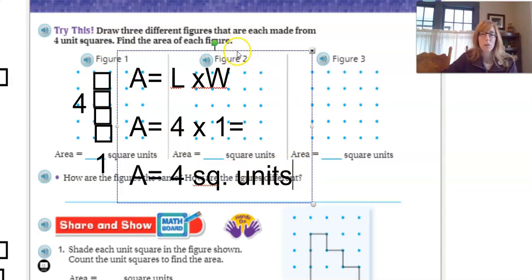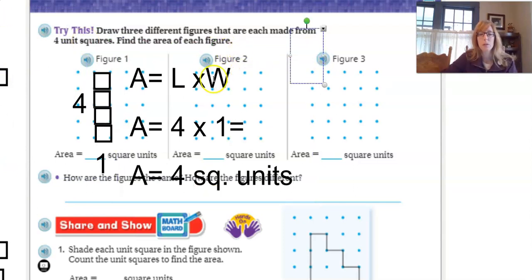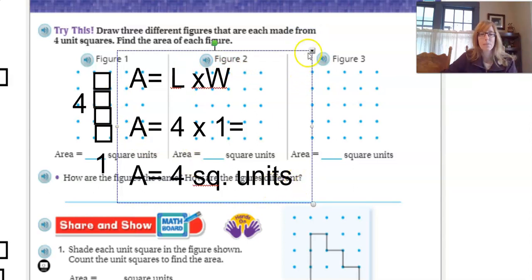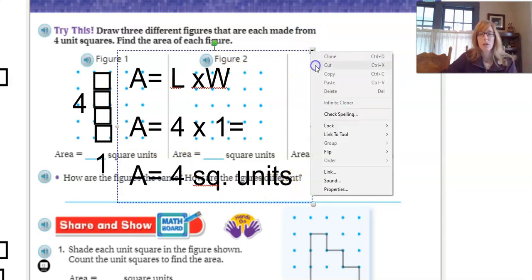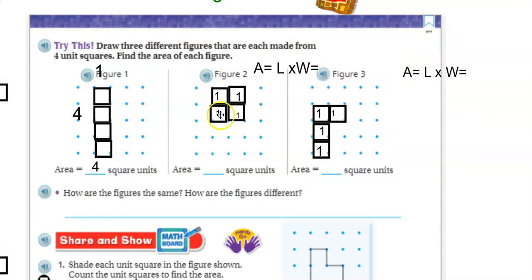So we're going to move this out of the way. Okay, so we're going to move on and look at figure 2.